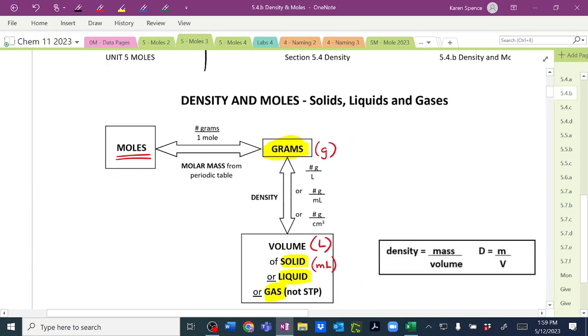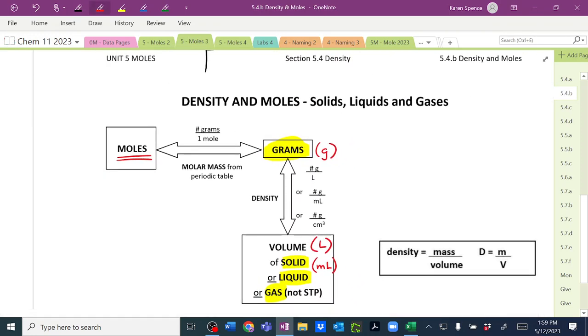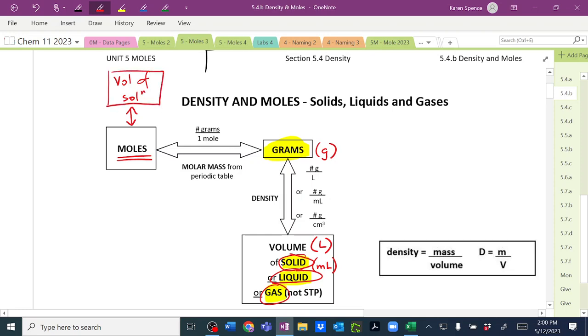Now, just to be a little bit more complete here, remember I said this was only if we had a solid, a liquid, or a gas. If we have the volume of a solution, we can only find that from moles.